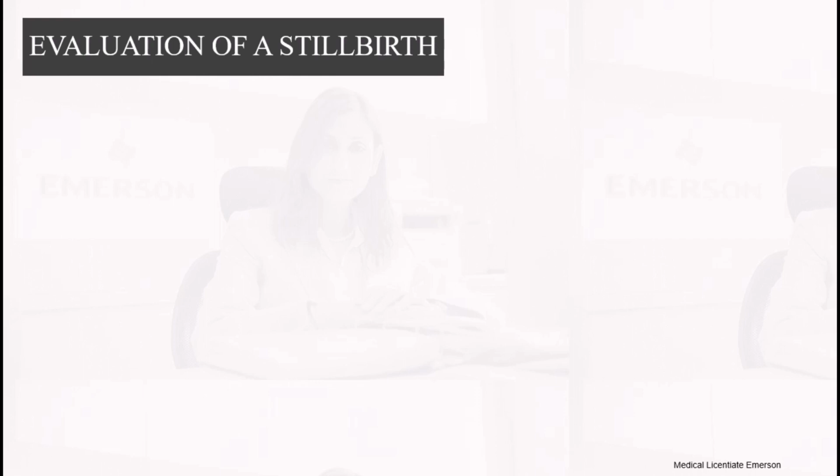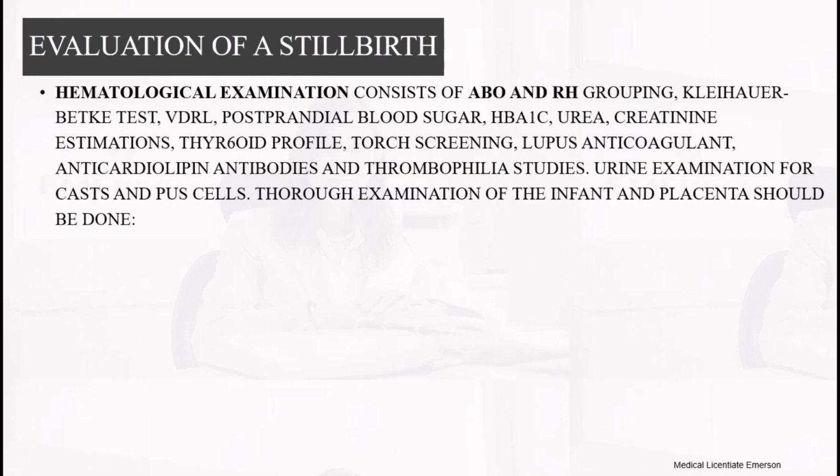Then how do you evaluate a stillbirth? We can have a hematological examination, which consists of ABO and Rh grouping, a gray hour birth test, VDRL, postprandial blood sugar, glycated hemoglobin, which is HbA1c here.